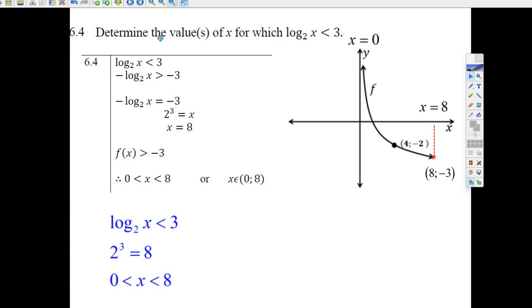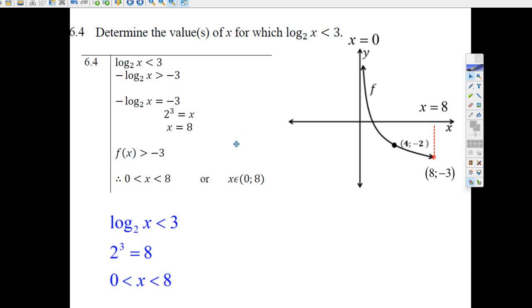This is what I did. I went 2 cubed is equal to 8. So what values of x would I put in here that would make this less than 3? The log to base 2 of 8 is 3. It must be everything between 0 and 8. So I have the solution by just putting this in logarithmic form and finishing.